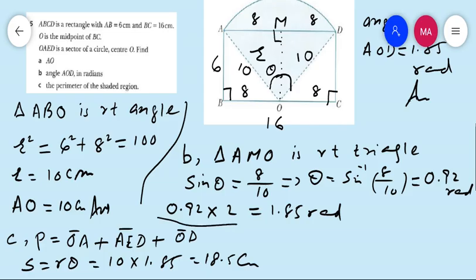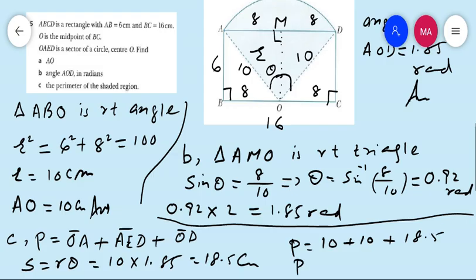Hence, perimeter is equal to 10 plus 10 plus 18.5. So perimeter is equal to 38.5. Very interesting question, but very easy. This is question number 5, and this is an exam-like question.